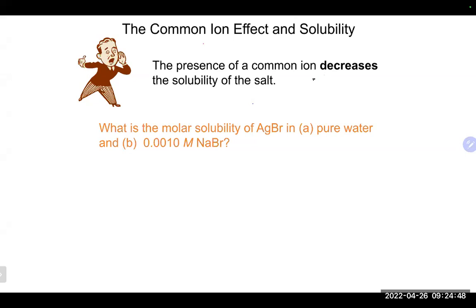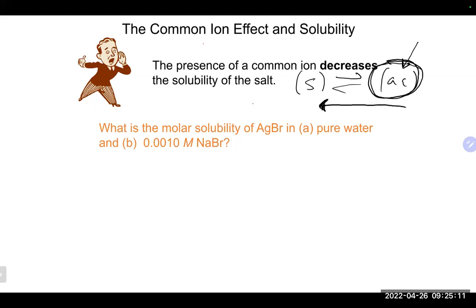That goes back to a simple explanation of how these equations are written. Solid on the left, aqueous ions on the right, which means if we have a common ion, the ion must be on which side of the equation? It has to be on the right-hand side. Le Chatelier's principle says if you increase that ion, the equilibrium should shift away from it, towards the solid side, keeping the salt together rather than breaking apart.